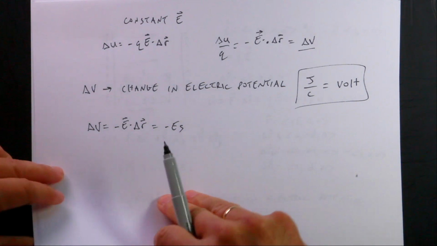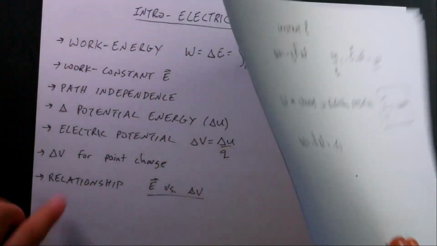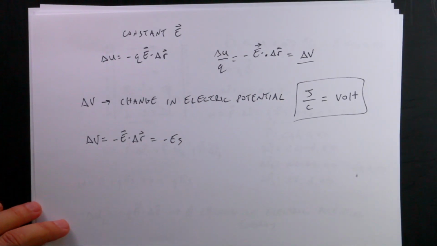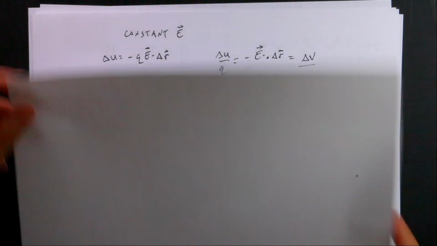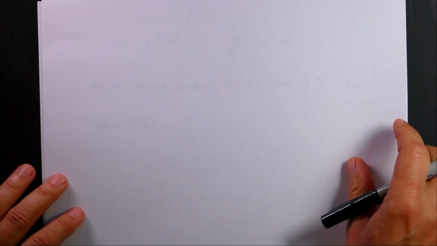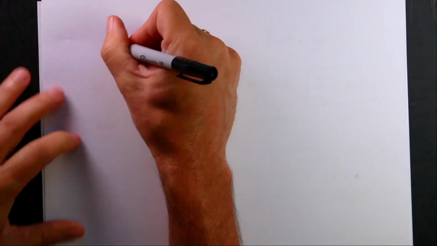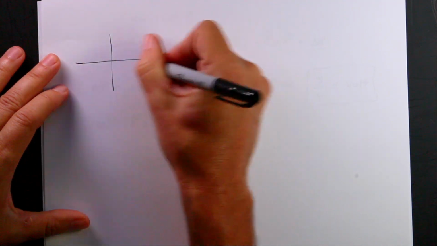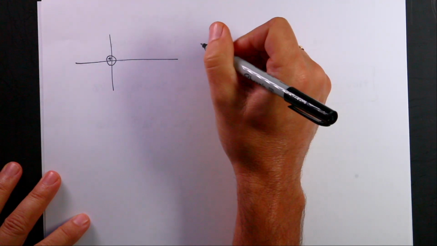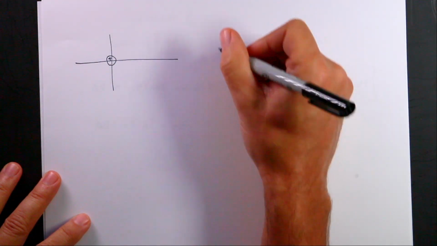Okay, so I'm checking back my list. Let's do delta V for a point charge because a point charge does not have a constant electric field, and that would be more fun. So remember that we use that constant electric field a lot, but that result is only for a constant electric field. Let's suppose I have a point charge Q at the origin, and I know the electric field.